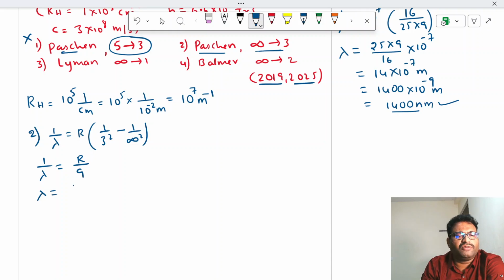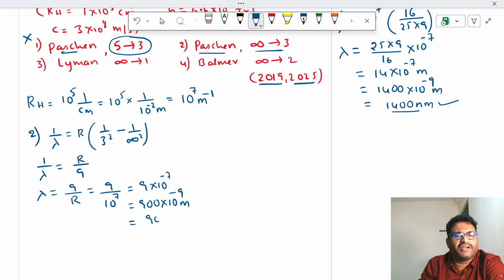Lambda is equal to 9 by R, which is 9 by the R value, already 10 power 7 per meter. That is equal to 9 into 10 power minus 7, which is equal to 900 into 10 power minus 9 meter. That is equal to 900 nanometer.